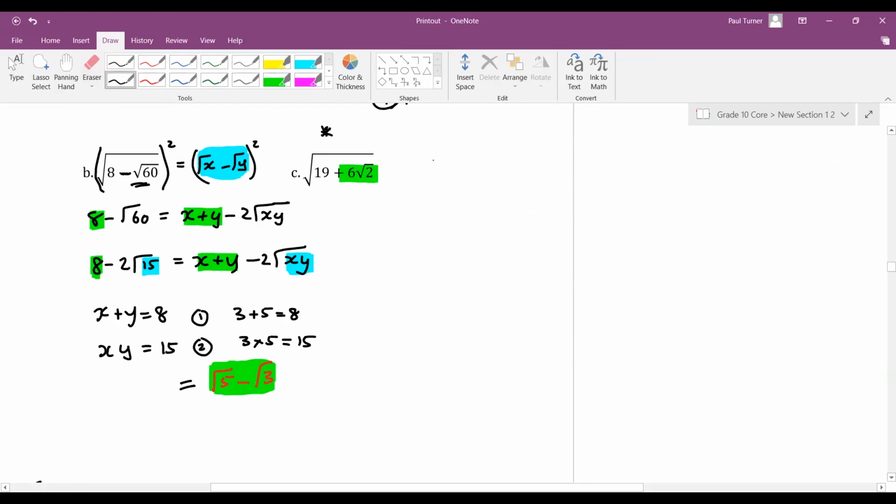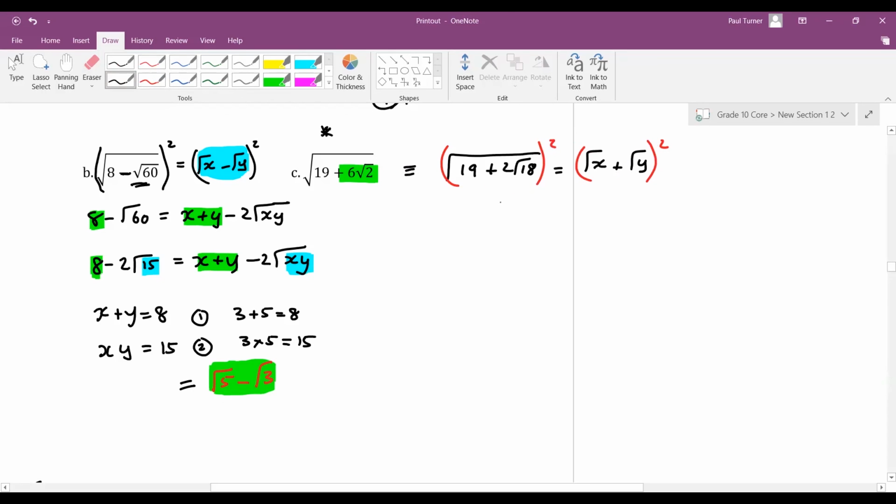Okay, so we're going to have root 19 plus 2 root 18, which is the same as this. They're equivalent. That's the sign for equivalency. So we let that equal root x plus root y. Then we will square both sides as normal.